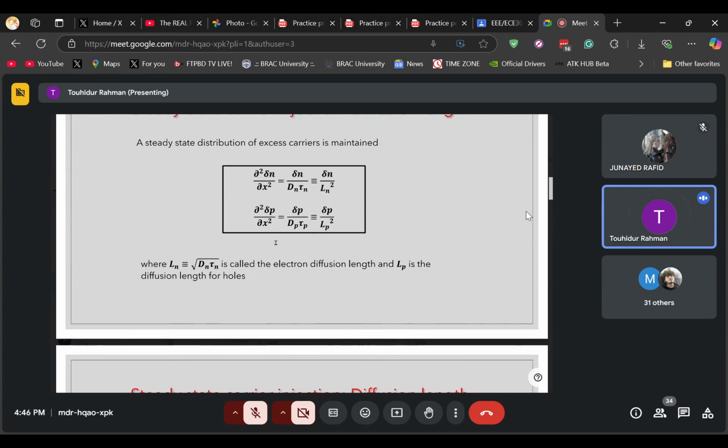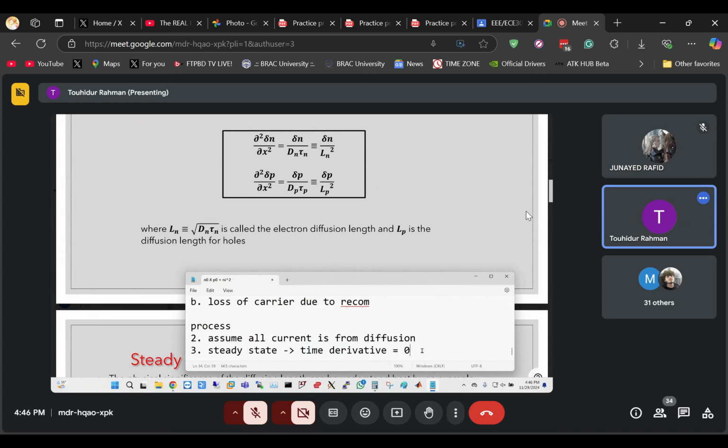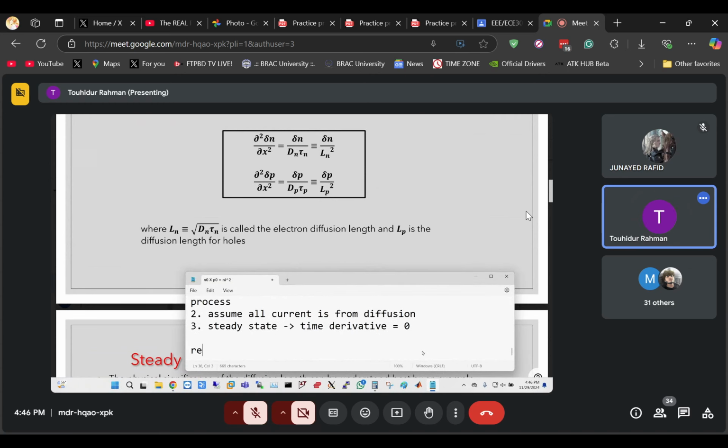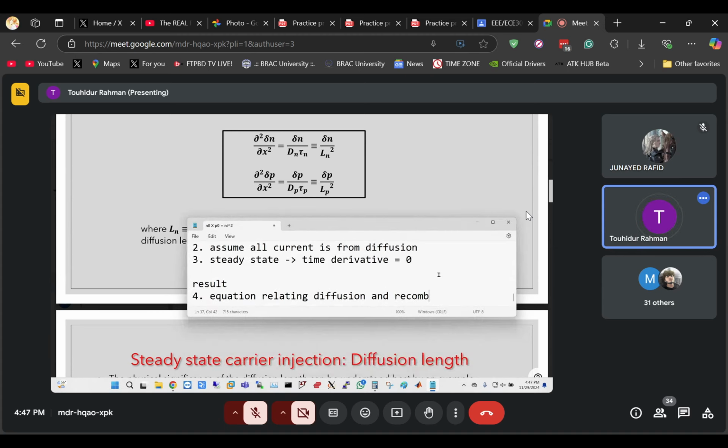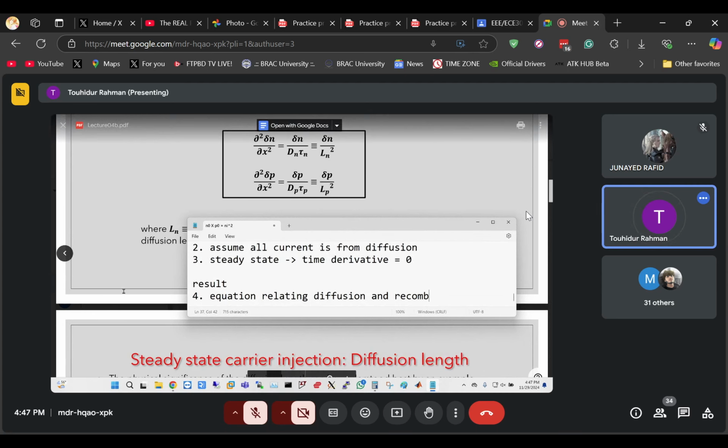Now we will have, so what is our result? And recombination. Okay. And obviously you can get the equation from here. I'm not going to write it. I don't think I will be able to write it with notepad, all these symbols, but I think you understand that.